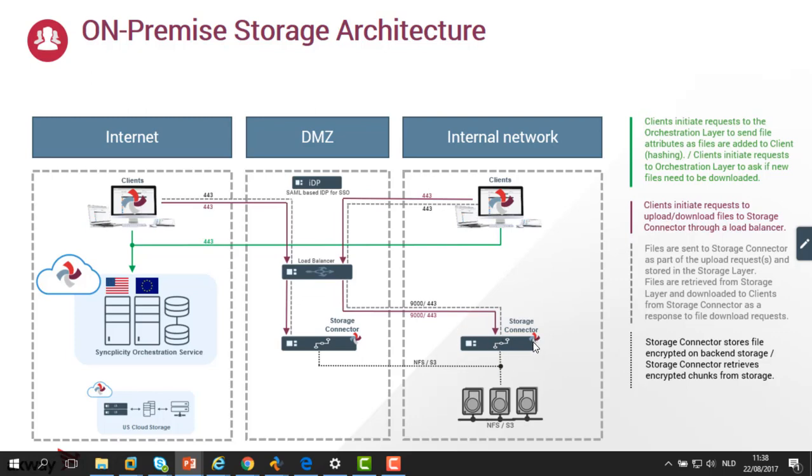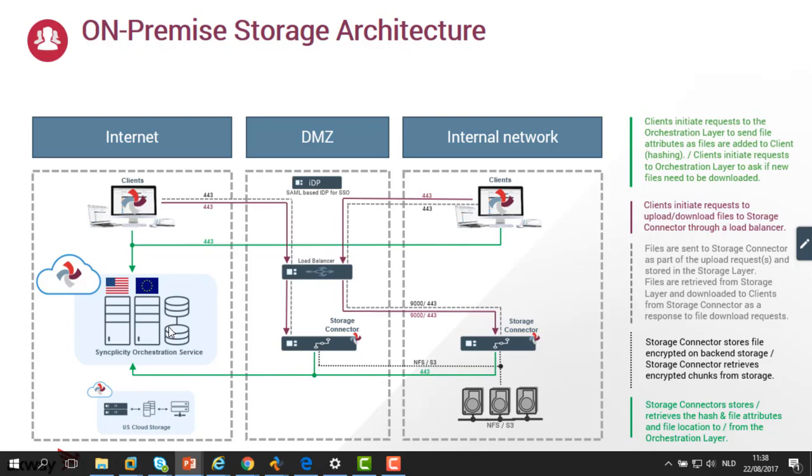They're 5 megabytes maximum. So the encrypted file chunks arrive in your storage, and when the last chunk is successfully written encrypted on your storage, the storage connector will write the encryption key in our orchestration service.